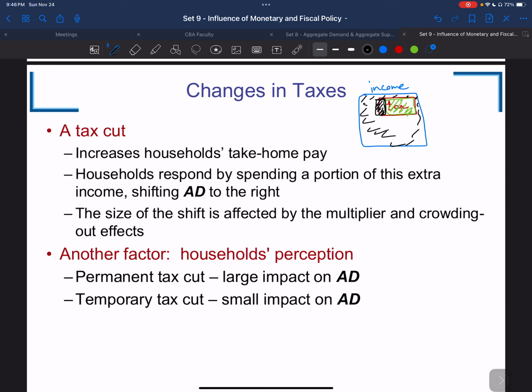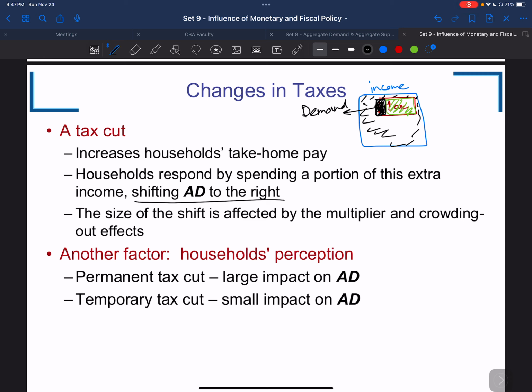So you have more money to spend, and more spending means more demand of goods and services, and it will shift the aggregate demand to the right. The size of the shift is affected by the multiplier and crowding out effects. So the size might not be exactly the same as this tax cut amount.